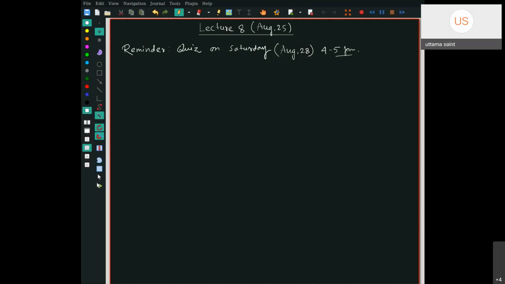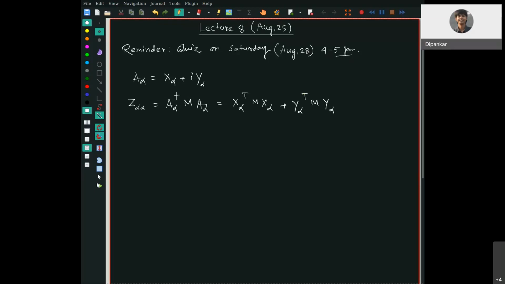So A alpha, what we had taken as X alpha plus iota Y alpha, we are writing in the equation as 2T, sorry, X alpha dot plus I Y alpha dot, because dimensionally... If I wrote A alpha equals X alpha plus I times Y alpha, then I showed that Z alpha, which was essentially A alpha dagger M A alpha, was essentially X alpha transpose M X alpha plus Y alpha transpose M Y alpha, right?